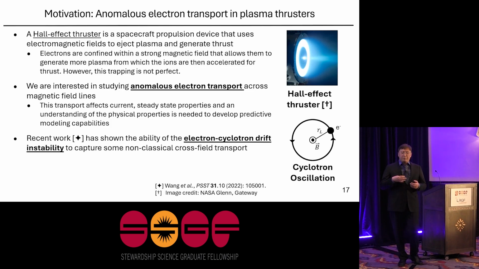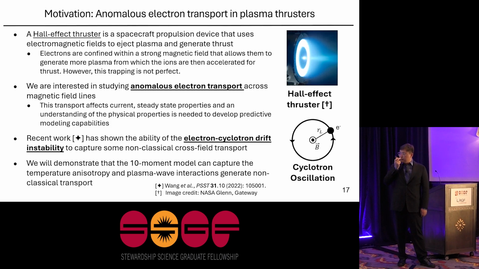And the primary explanation for this right now is turbulent and wave-driven phenomena. So this 10-moment model, which is able to capture anisotropy and also velocity shear, is a good candidate for being able to better capture this anomalous electron transport.